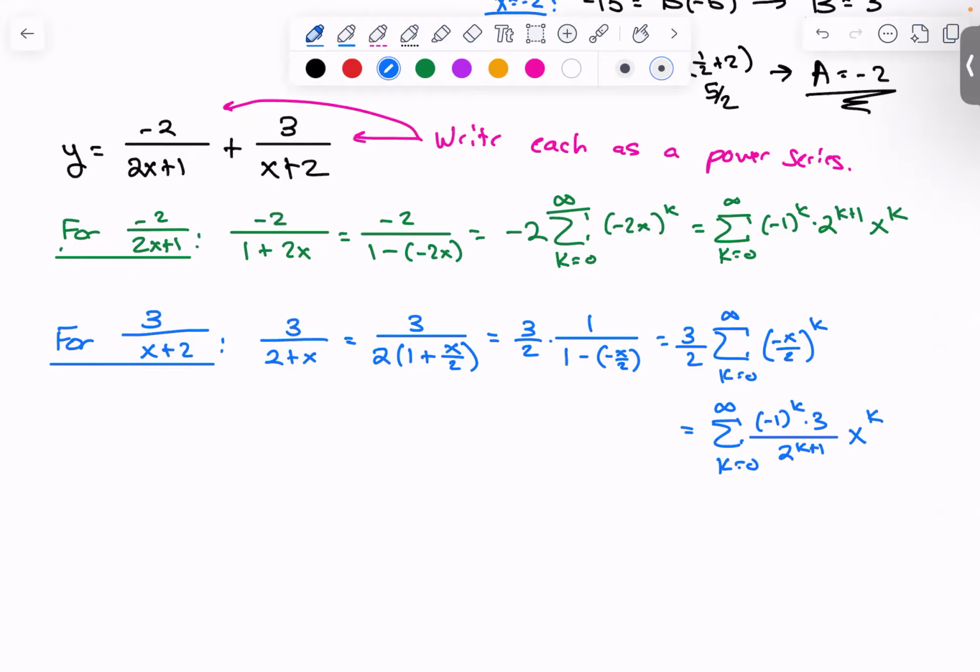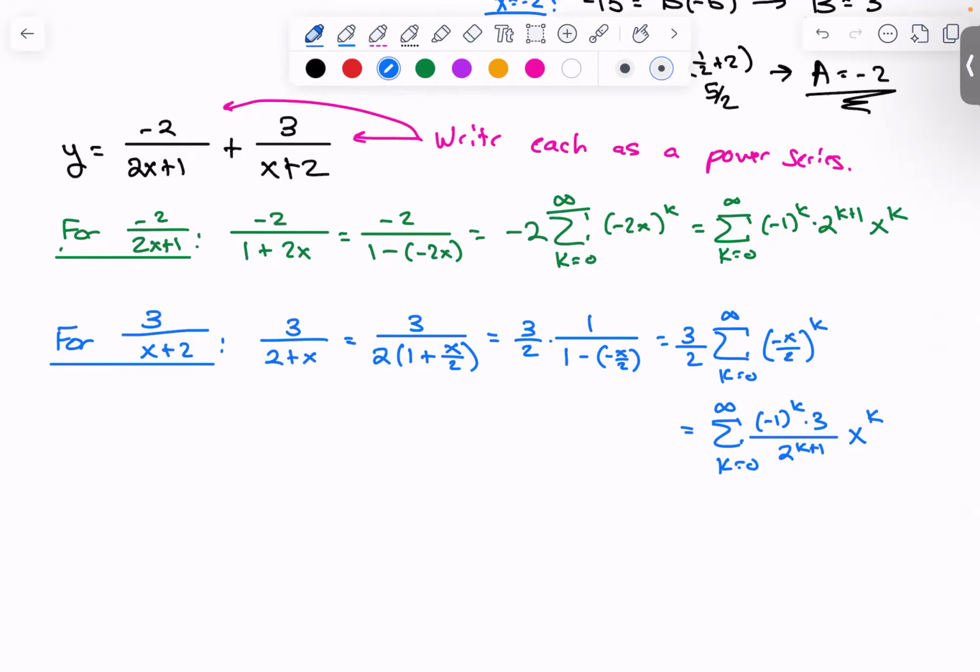Any questions so far? Okay. So we have two different power series that are both centered at 0.